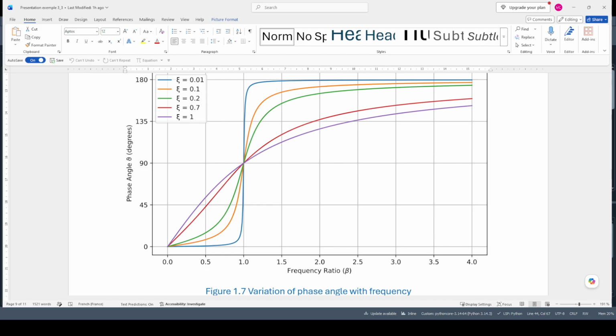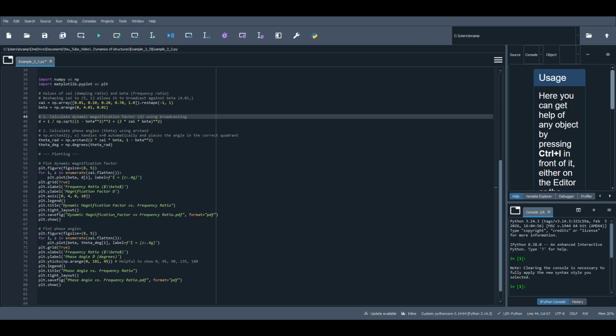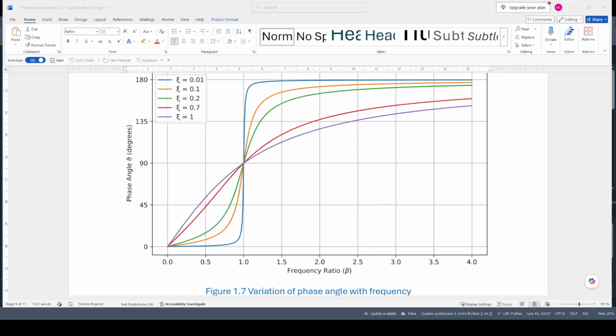Okay, we can see also the Python code used to plot this equation.